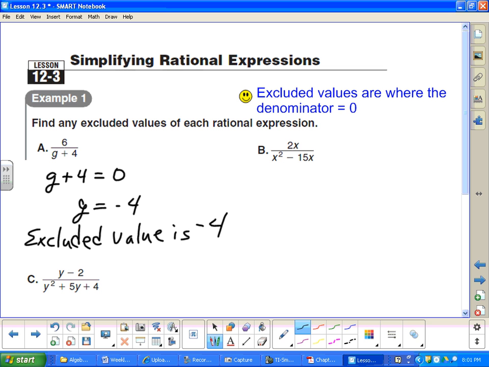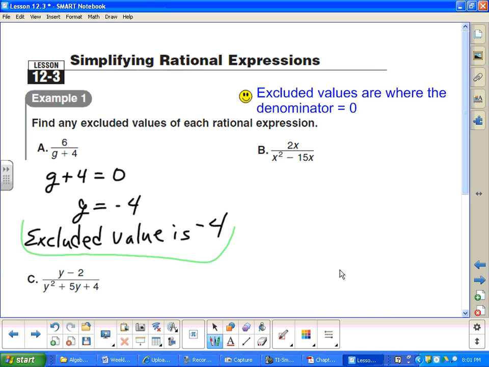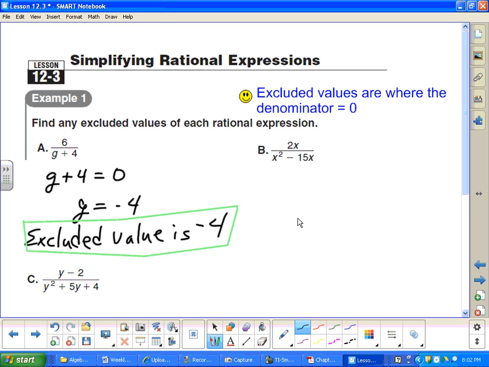Now in letter B, because the denominator is a quadratic, you need to factor it also. So I'm going to set it equal to 0 again: x squared minus 15x equals 0. Since both terms have an x in them, we factor out x. So we get x times x minus 15 equals 0.